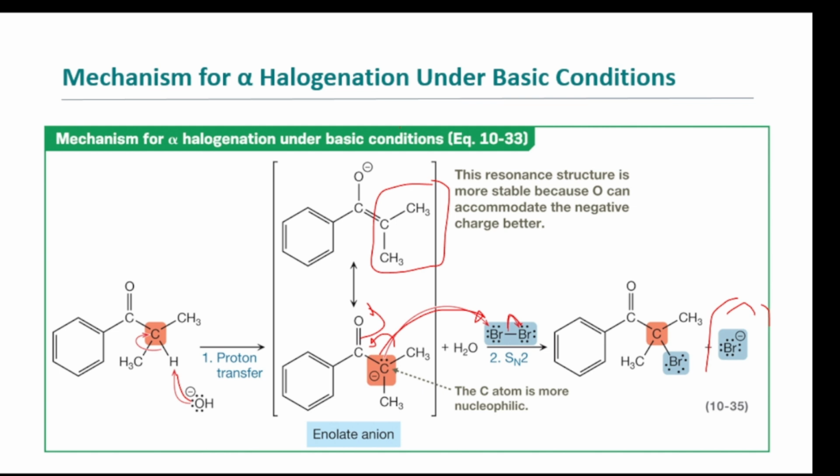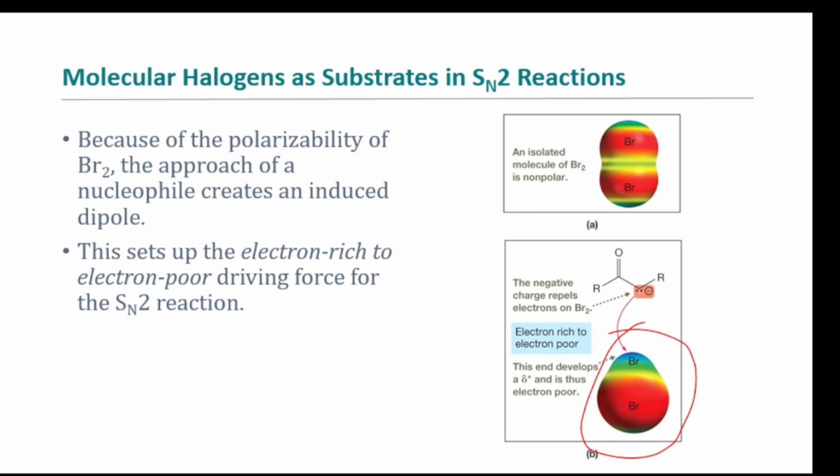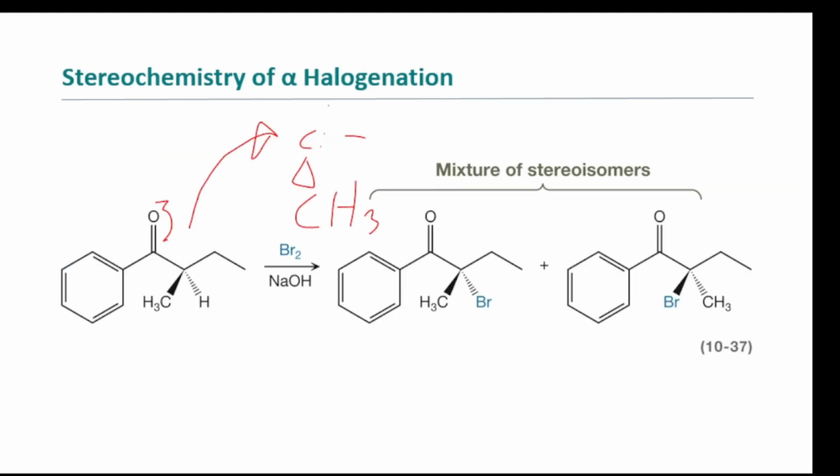And so what ends up happening here, due to that stabilization, is we actually do create a planar structure. This then can approach this bromide. And despite this being an SN2, this is one of the few times where we're actually going to end up with a mixture of stereochemistry. And that's because the SN2 is attacking the bromide, right?